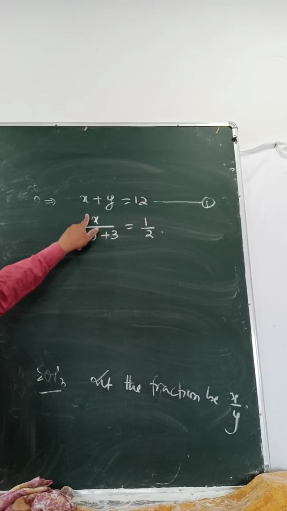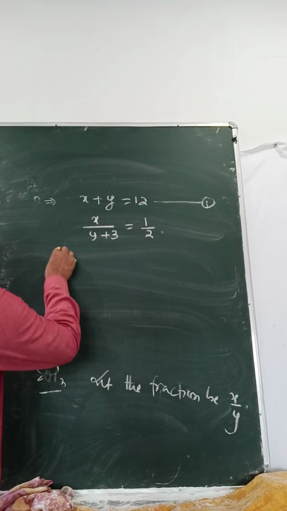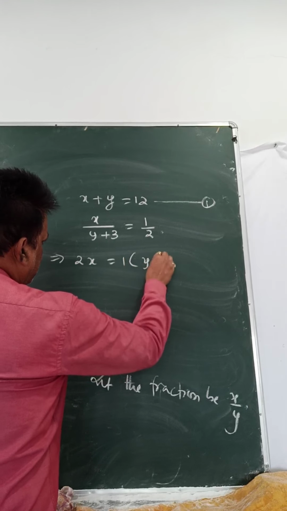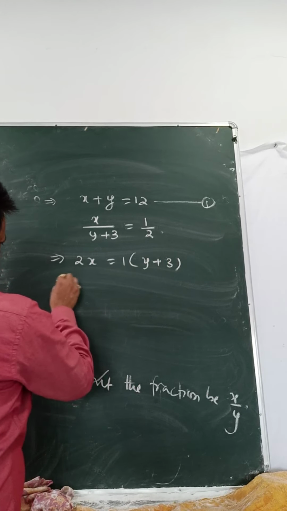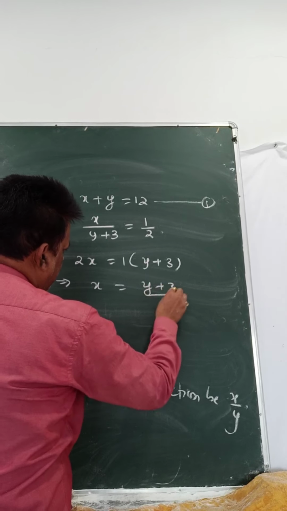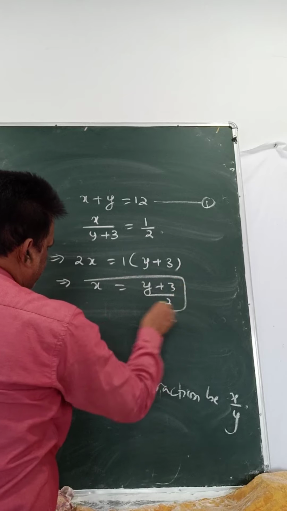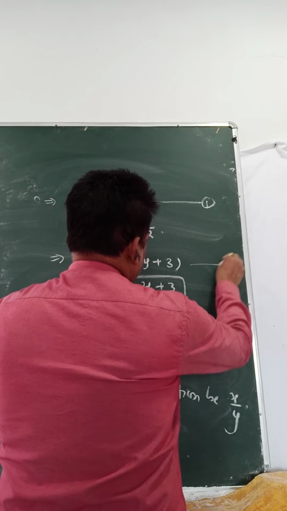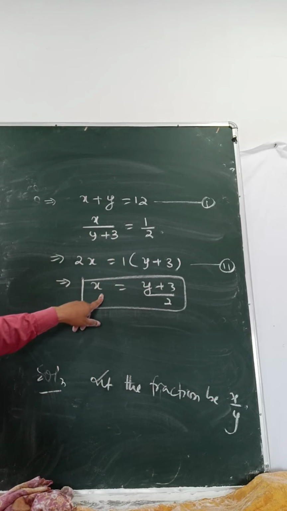I'll do a cross multiplication. This implies 2x equals 1 into y plus 3, which implies x equals y plus 3 by 2. I got it from where? This is your second equation. I got the x from the second and will put it in the first.